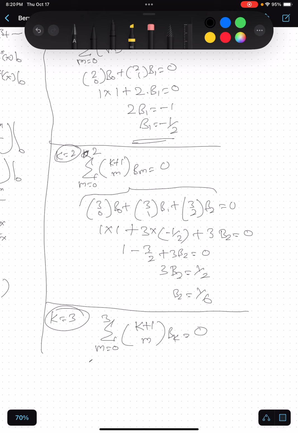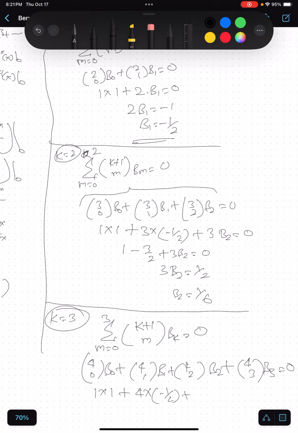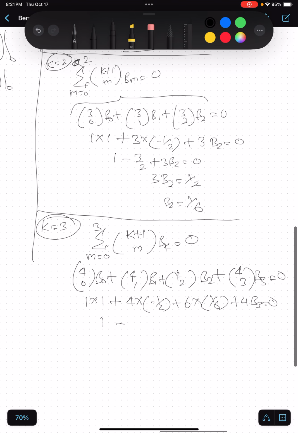So this will be 4 choose 0, b of 0 plus 4 choose 1, b of 1 plus 4 choose 2, b of 2 plus 4 choose 3, b of 3 is equal to 0. 1 into 1 plus 4 into minus half plus 6 into 1 by 6 plus 4 into b of 3 is equal to 0. 1 minus 2 plus 1 plus 4b of 3 is equal to 0. 0 plus 4b of 3 is equal to 0. b of 3 is equal to 0.